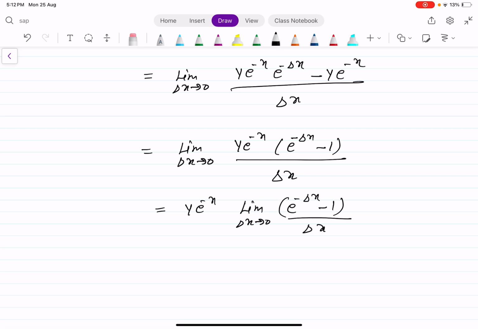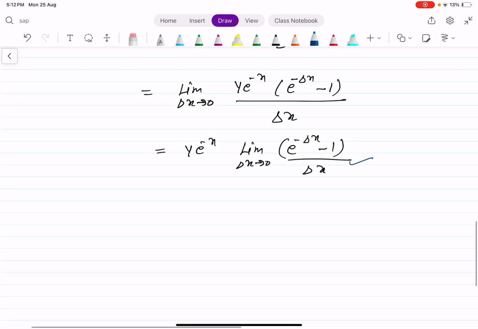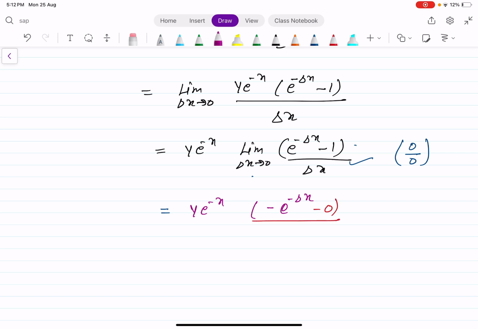This is of 0 by 0 form, so we can apply L'Hopital's rule. Differentiating, we get minus e raised to minus delta x, and the differentiation of minus 1 is 0, upon 1.